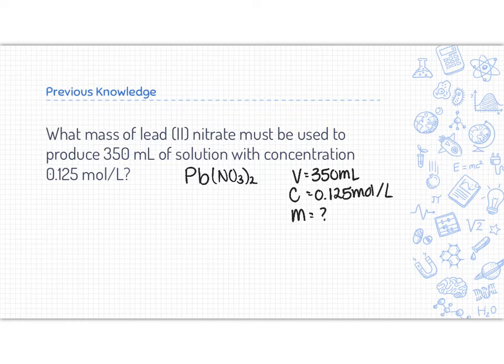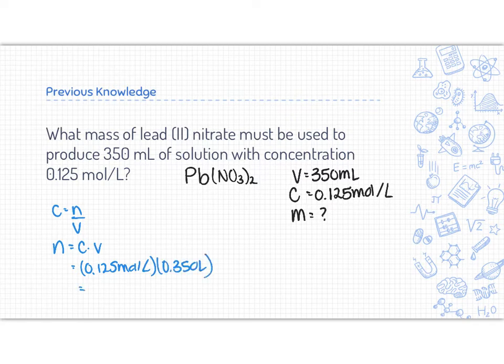First, we use our concentration formula and solve for n. So n is 0.125 moles per liter times 0.350 liters. Remember, volume has to be in liters here.